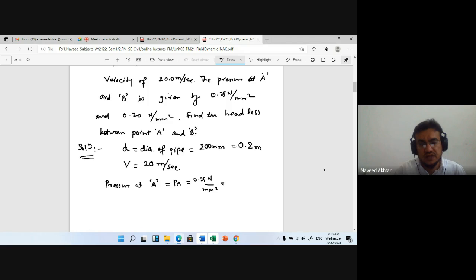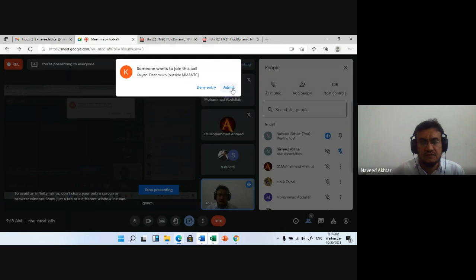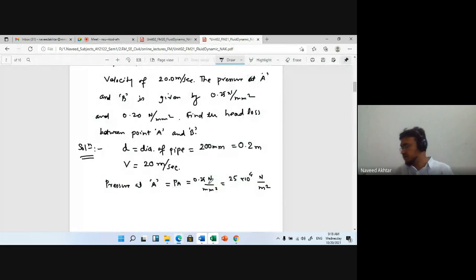If I convert to Newton per meter square, then it should be multiplied by 10 raised to 6. So it will be 25 into 10 raised to 4 Newton per meter square.